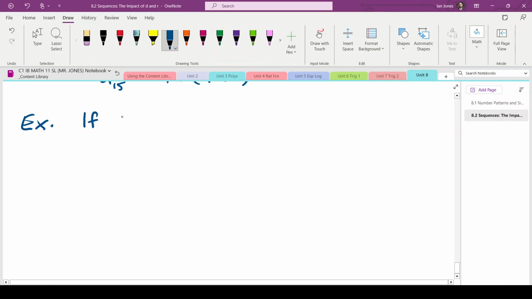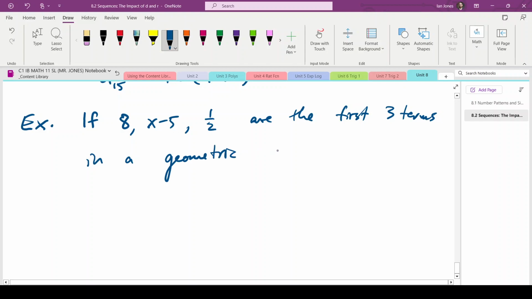It says if 8, x minus 5, 1/2 are the first 3 terms in a geometric sequence, find x.